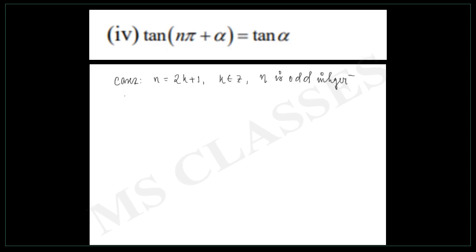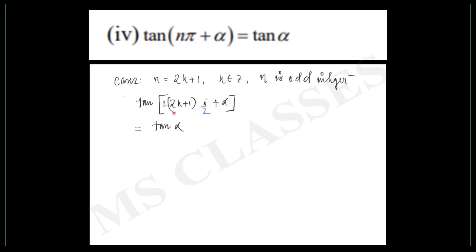Now here we have tan of 2k plus 1 pi plus alpha. First of all, it will be tan only. Why? Because it is an even multiple of pi by 2, so ultimately it is tan for sure.